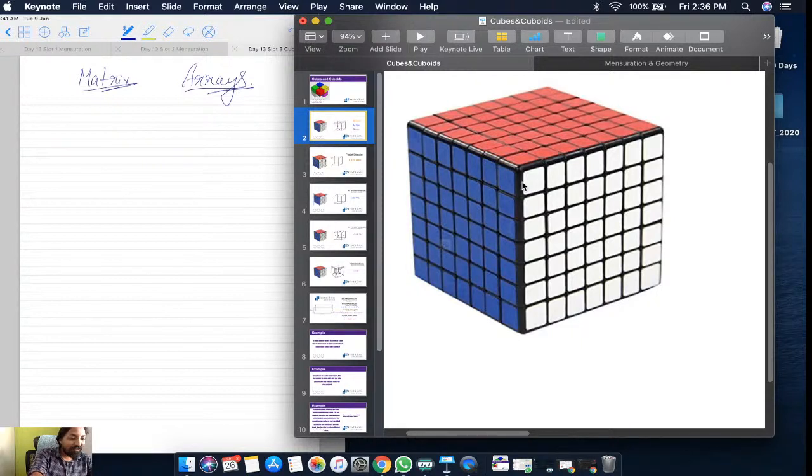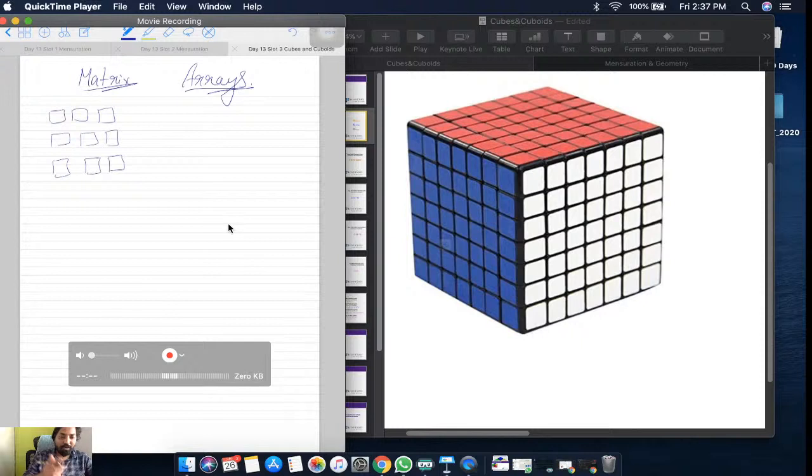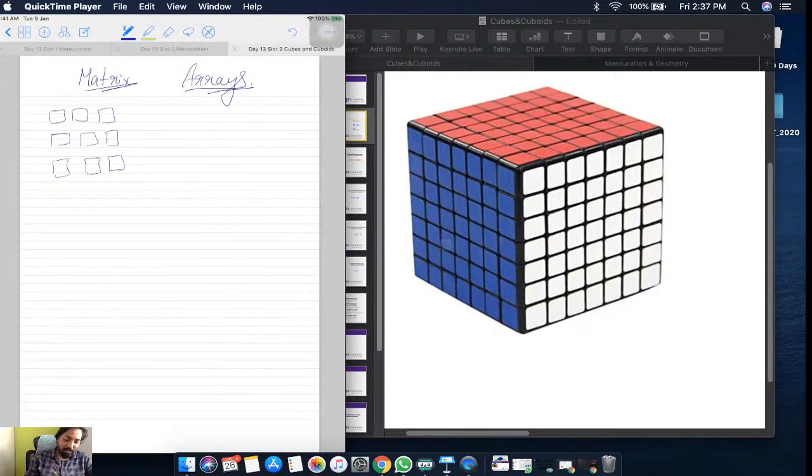294? The answer is it's a three-dimensional array. Now I look at it like this. So now here in the diagram that I've drawn over here, can you tell me how many small boxes are there?